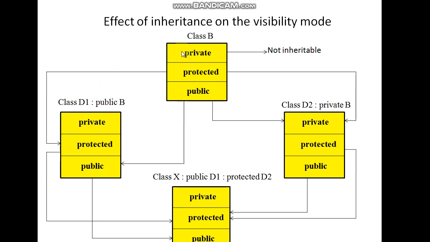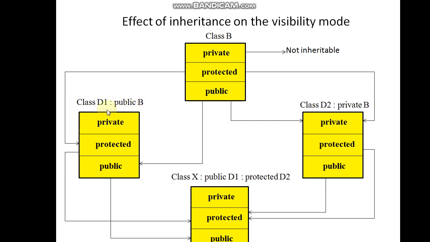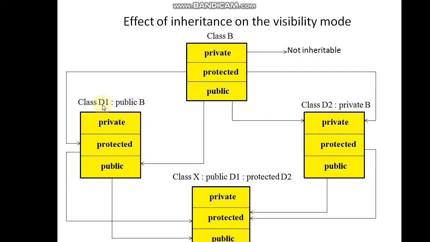Now let's concentrate on only private and public. If we want to inherit the properties of the B base class into the derived class D1 publicly, then private members are not inherited. Public members from the base class will become public members of the derived class.